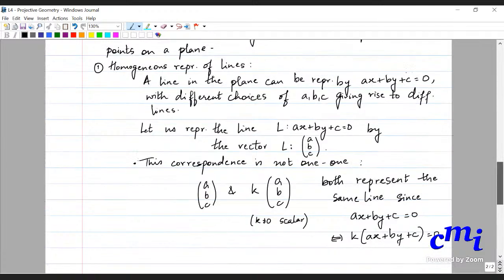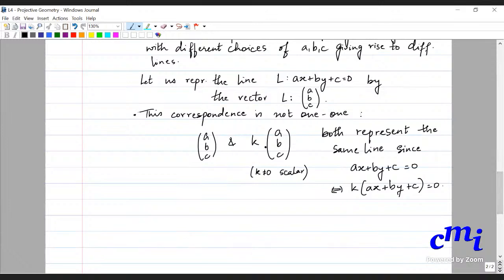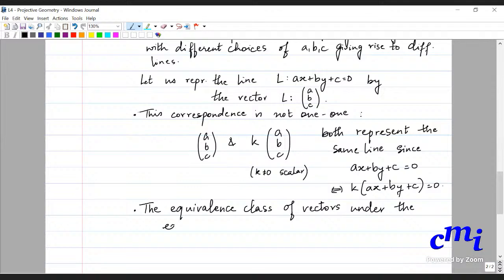But since they represent the same line, I'll put them all in one set. I'll define an equivalence relation on vectors. I hope everybody remembers what an equivalence relation is.